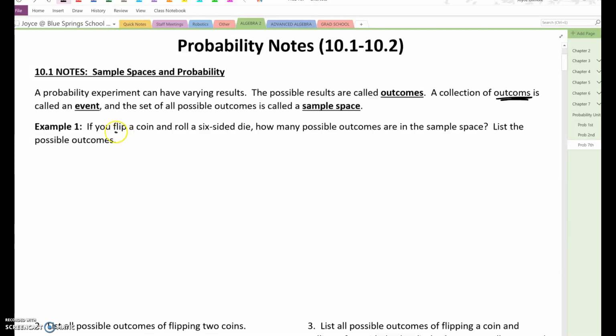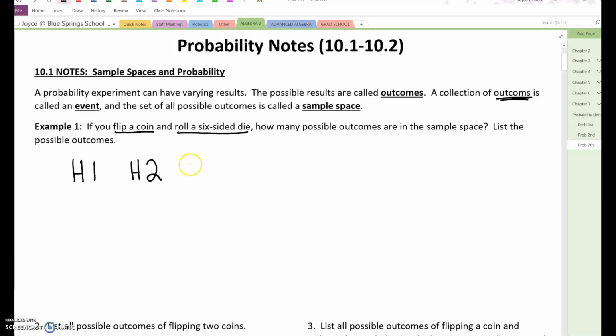So we are going to flip a coin and roll a 6-sided die. How many possible outcomes are in the sample space? List the possible outcomes. So if I flip a coin, I could get heads. I roll a die, I can get a 1. That's one possible outcome. Flipping heads and rolling a 2, that's another possible outcome.